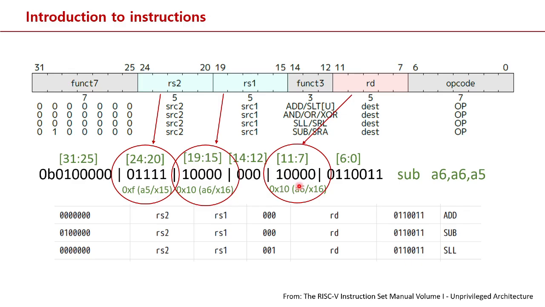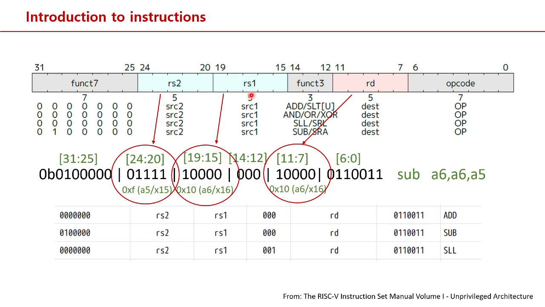If we convert this value into hexadecimal format, it is 0x10. The value 0x10 is identical to the X16 register. X16 is the architectural name of the register. This register can be called the A6 register. Based on this information, the A6 register is used as the destination register. If this value is 0xF or 0xD, we would have a different destination register.